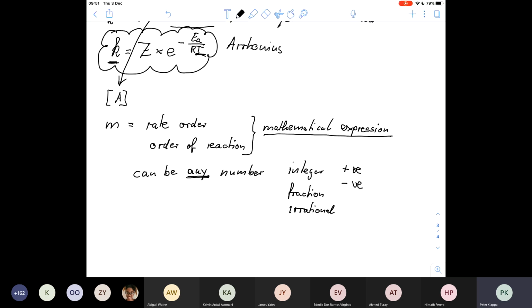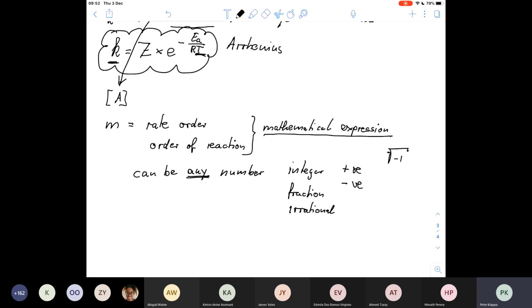I remember about 4 years ago, I had a discussion with a student whether m can also be an imaginary number, where, for those of you who don't know what an imaginary number is, basically it is the solution to the equation square root of -1.